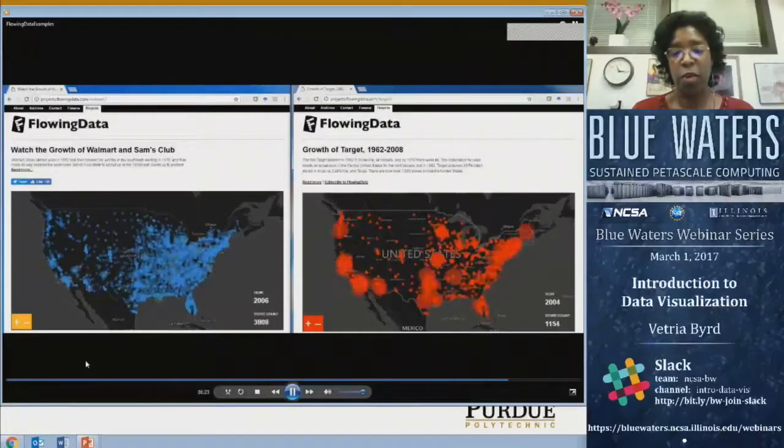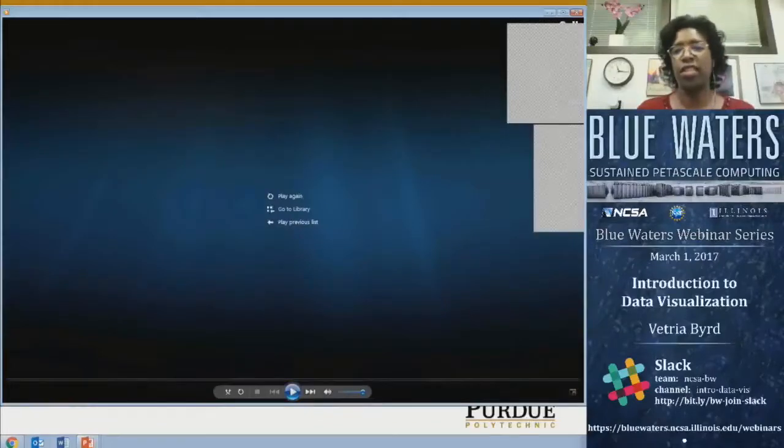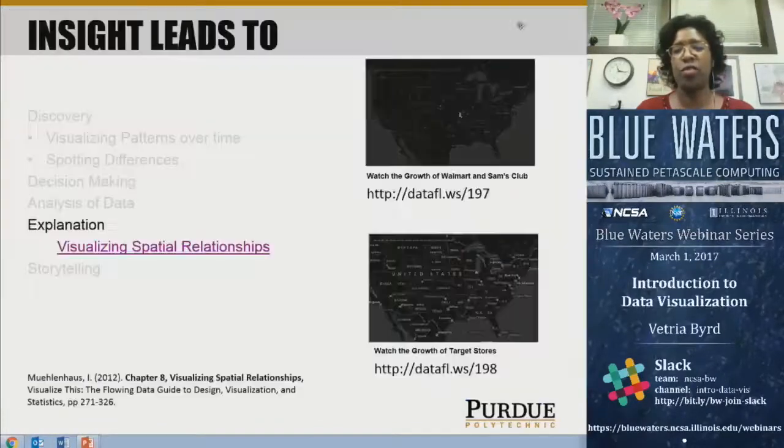I'm hoping that by seeing this, it has a stronger impact than me just saying, okay, one store grew at this rate and the other one grew at another rate. Hopefully, by having a visual representation of this, you can see that for yourselves. And so that's another example of how insight leads to explanation, and through data visualization, we're able to see it represented in a visual way.